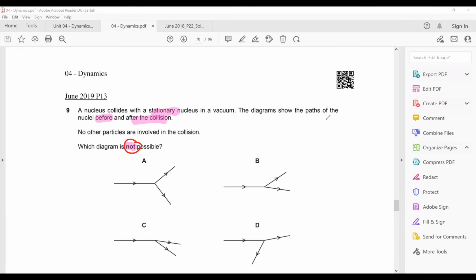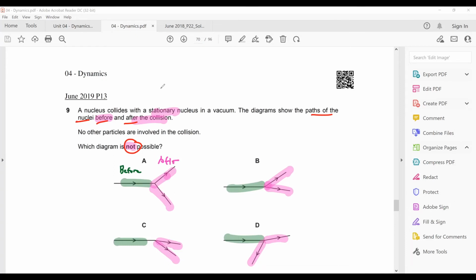Okay, they show you the path of the nuclei before and after the collision. So your guess could be that all this is the case before collision, and then all of this is the case after collision.